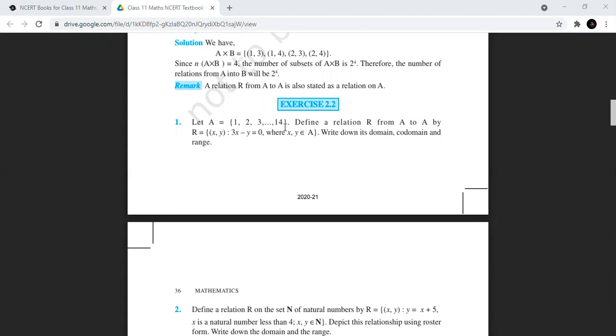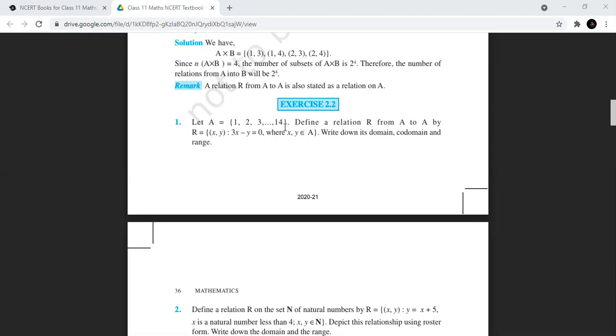This way you will go on putting various values of x, because x means your domain, which is the given set A. All right, so where will you pick up x from? From set A. So first you will put x as 1 and evaluate your y, the image of that. So y should be 3x. So if x is equal to 1, then your y comes out to be 3 into 1, 3. So your first ordered pair of the relation will be 1 comma 3.